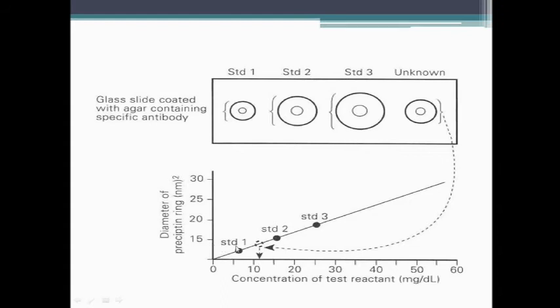When we draw the line, then we find the concentration of this antigen. Okay, so this is how we can measure the unknown concentration of the antigen.